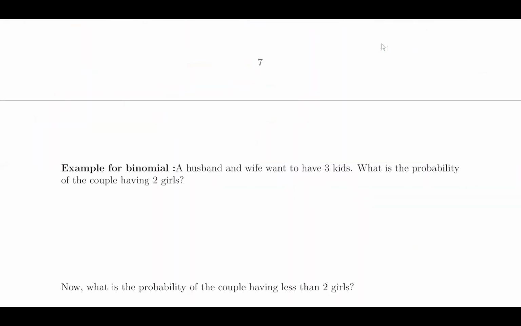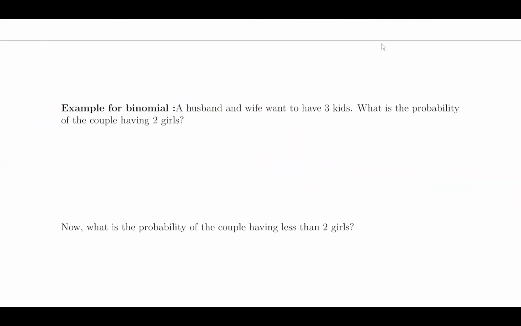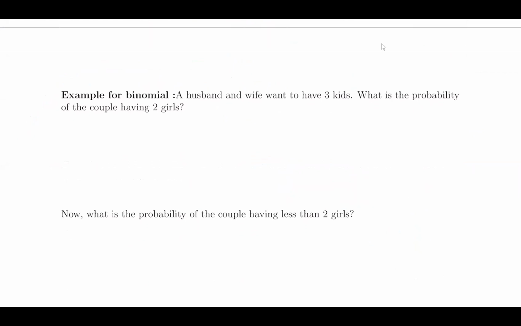So let's do this next one. For this one, it says a husband and wife want to have 3 kids. What is the probability of having 2 girls? Okay, so we're going to find what N is, what P is, and what X is.